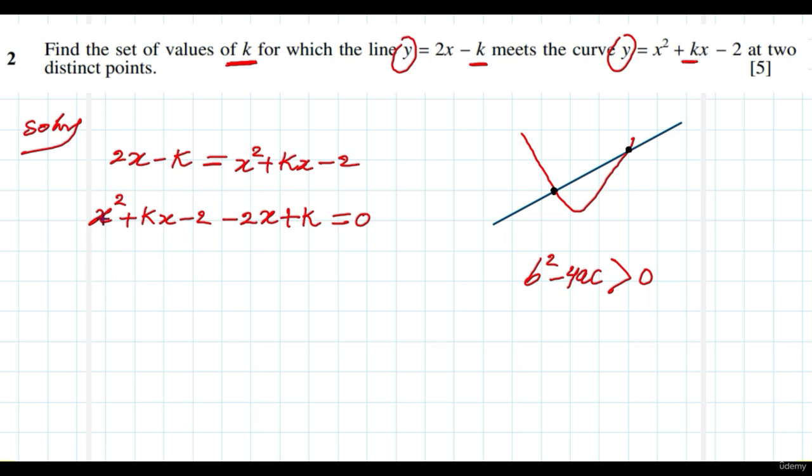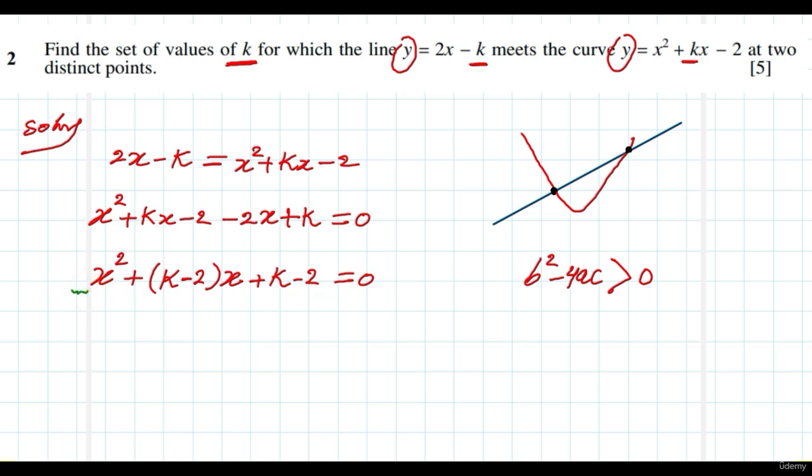The next step is to simplify this quadratic equation. You can say it's x squared, then kx with minus 2x. We can take out x as a common factor. Then for this term, k will be left, and for here, only negative 2 is left. Then we have minus 2 with k. You can say it's k minus 2 equals 0. So this is the final form of the quadratic equation.